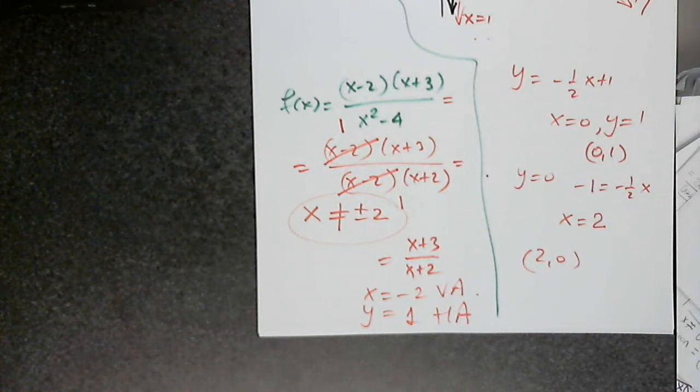So x minus 2, close. And then we have x plus 3, close. And then we divide by parentheses x squared minus 4. I have to add here 1. And I would use the standard viewing window. And let's see what happens.